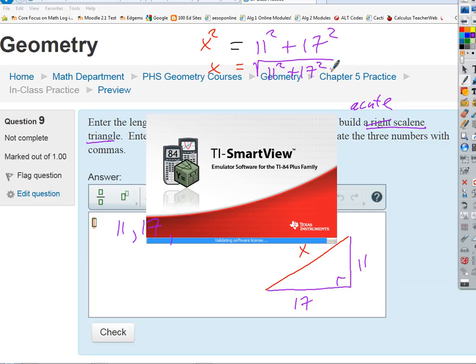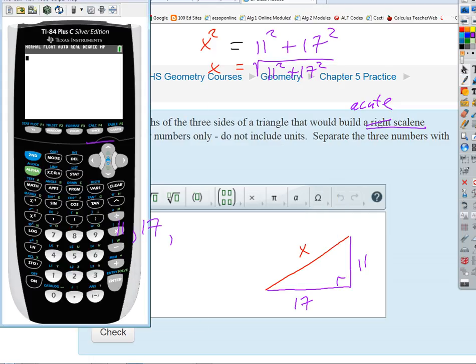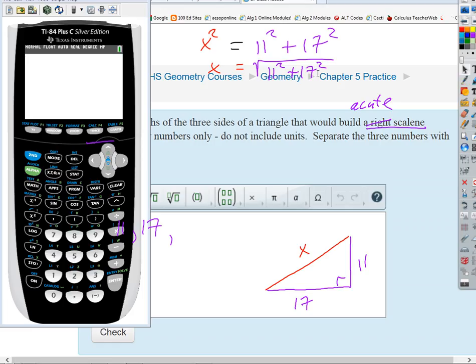So if I want this to be acute, let's see exactly what it is. Wait, I thought we were on the right. Are we just jumping back and forth? A squared plus b squared equals c squared, right? For the right triangle, exactly. So we're going to find out what the length of the hypotenuse would be for a right triangle.